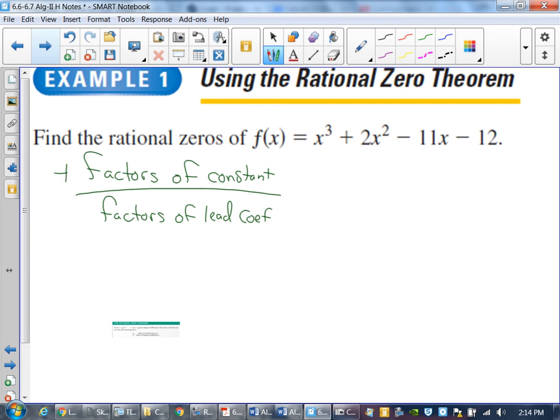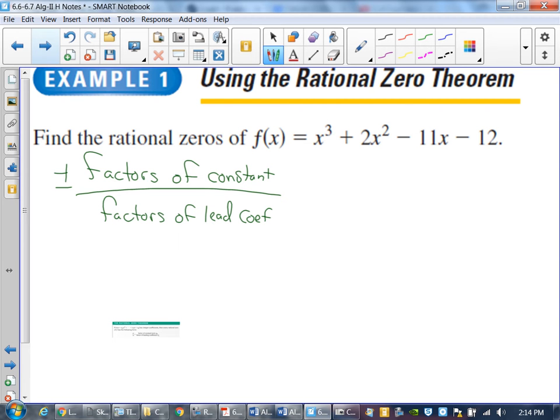And then you just do a plus or minus. Basically, you're working with the tails: the constant at the end and the front coefficient. In this case, my tail is a 12, and my first coefficient is a 1.